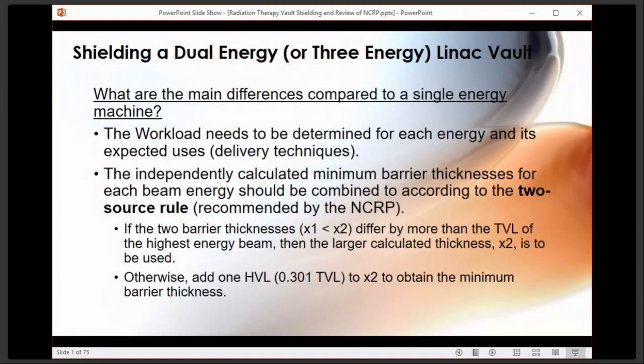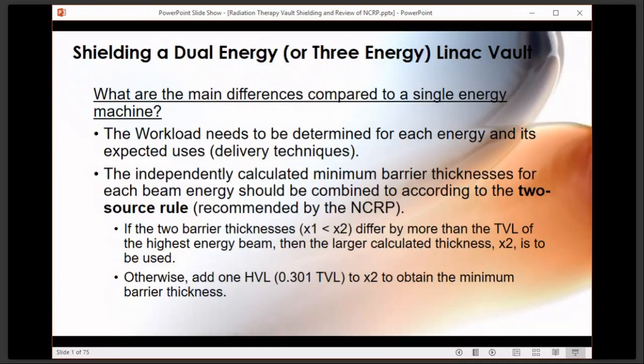And sometimes that'll depend on the radiation oncologist's preferences and how they do things. And that could change in time, so be careful about doing that. And their delivery techniques, again, that's something that can change with time. So you have to be careful and be conservative, kind of a worst case situation.